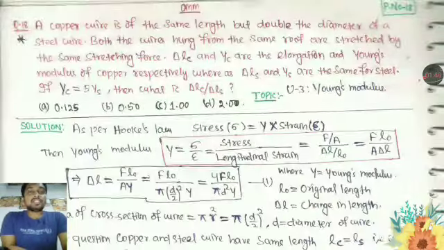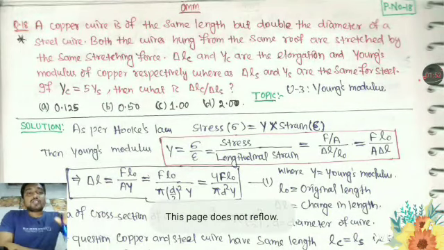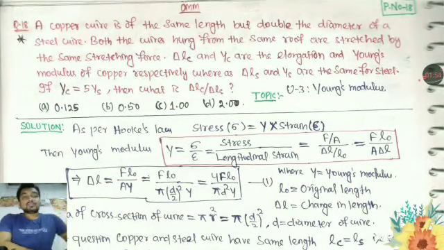Next question from Young's modulus. We know that Young's modulus is stress by strain. Stress is of several types, strain is also of several types. Stress is F by A and longitudinal strain is delta L by L naught.